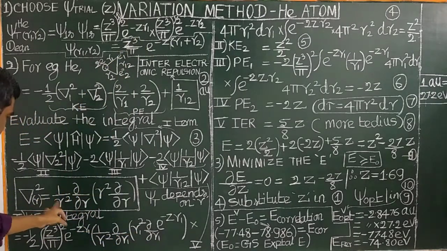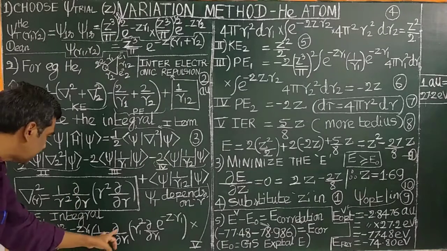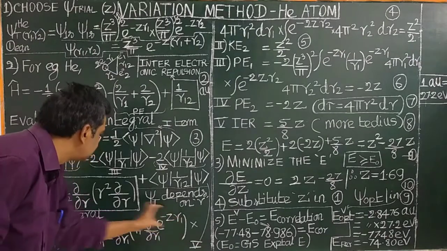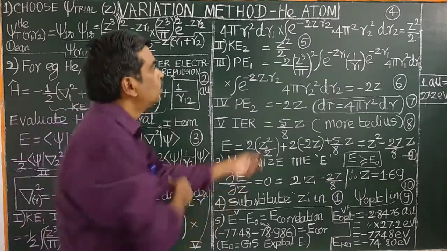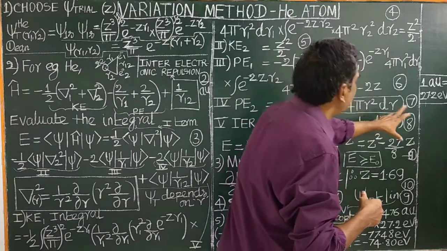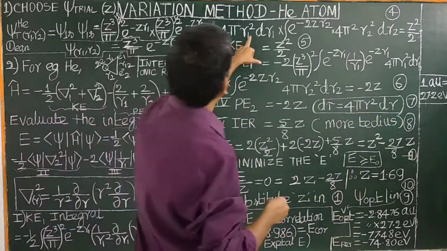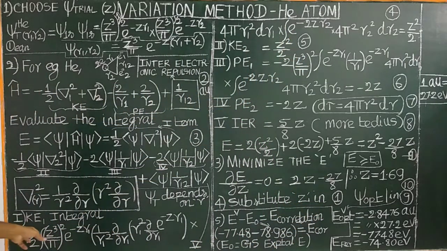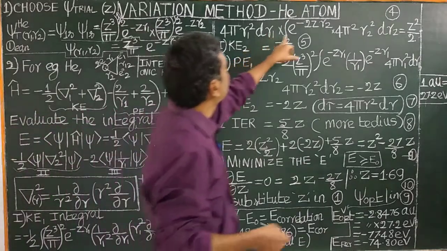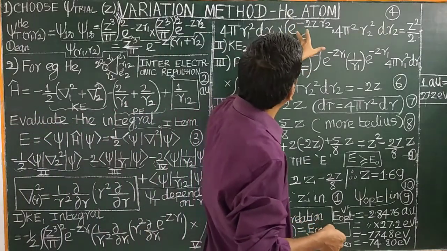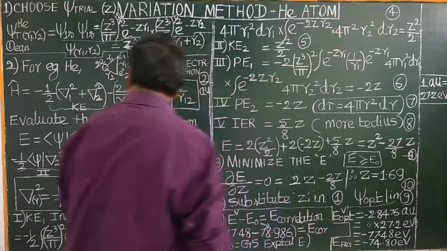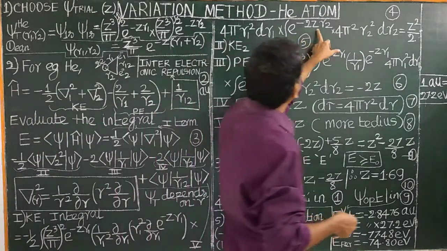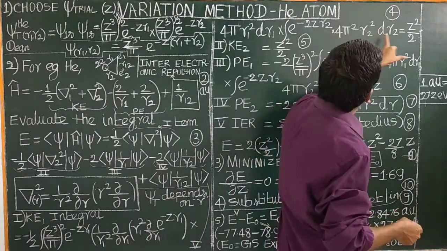Next, for electron 1, 1/r1² ∂/∂r1 (r1² ∂/∂r1) e^(−Zr1) dτ, where dτ equals 4πr² dr. I have already shown this. Therefore, 4πr1² dr1, into a double integral, because there are two electrons, one for electron 1 and one for electron 2. The integral for electron 2 has e^(−2Zr2). The ∇1² is for electron 1. Therefore, this is simply e^(−2Zr2) 4πr2² dr2.